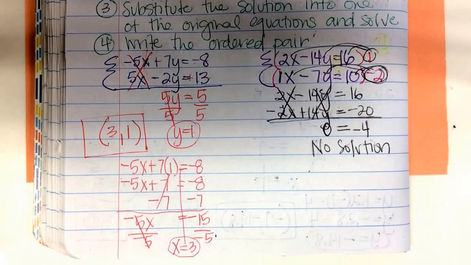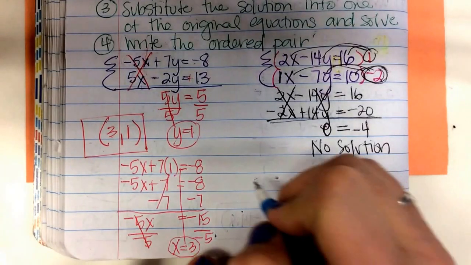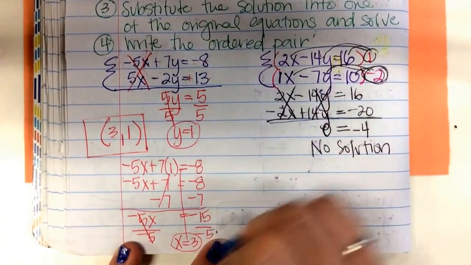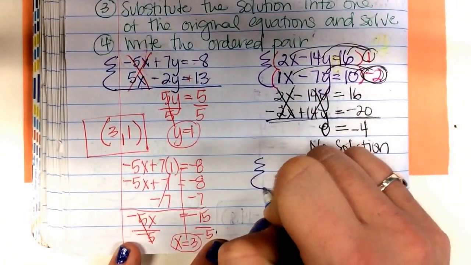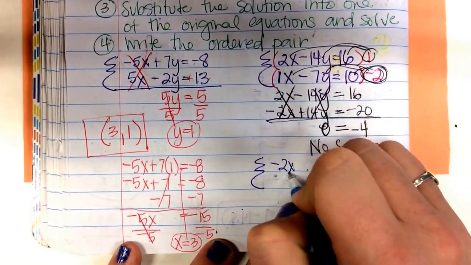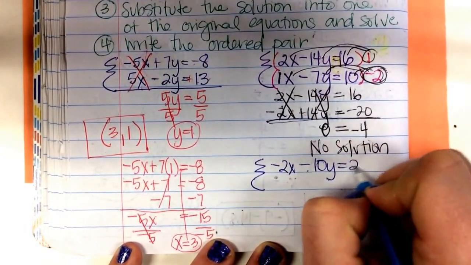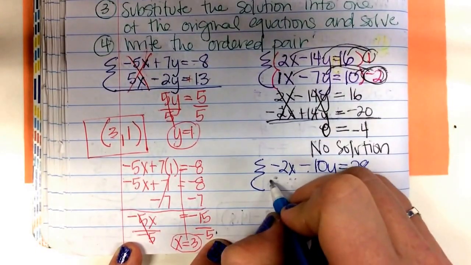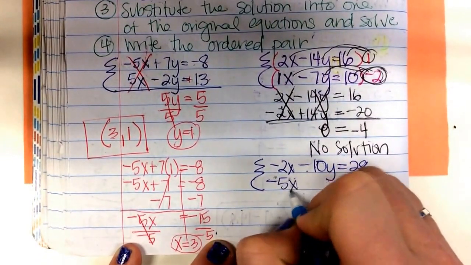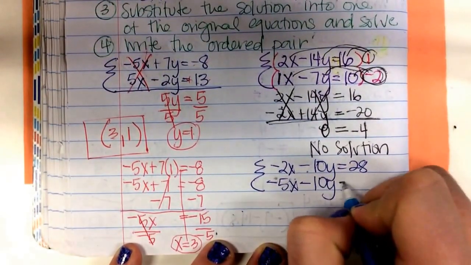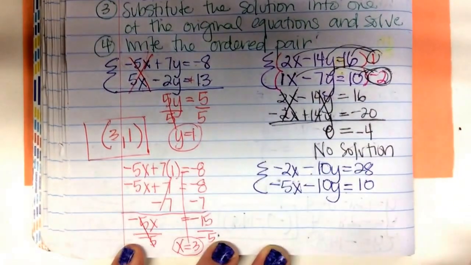Let's just do the top version, right? The beginning part. What if I gave you negative 2x minus 10y equals 28 and negative 5x minus 10y equals 10?